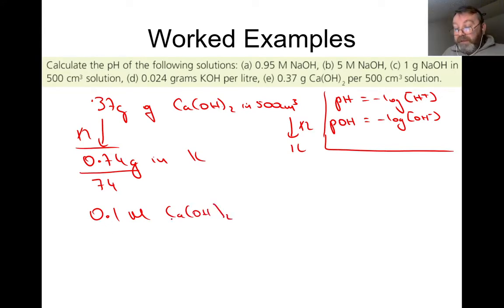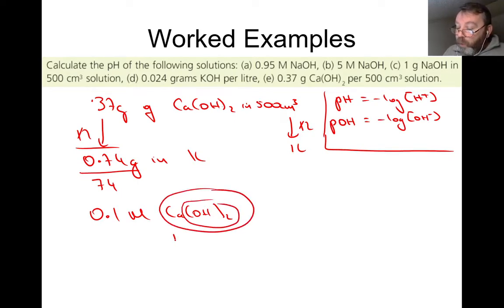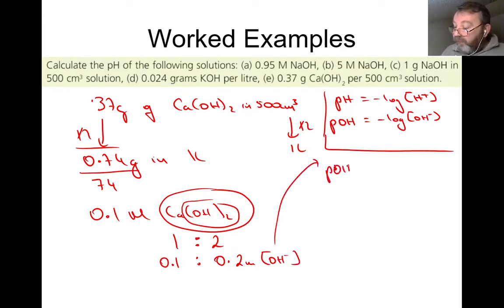That's the molarity of the base. Now, how many OHs are present in one molecule? One molecule gives 2 OHs. So that means that 0.1 molar base will give 0.2 molar OH minus ions, which I now bring up here and get the pOH first of all.